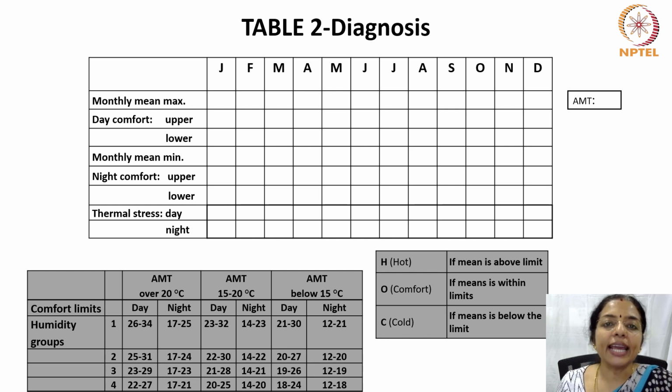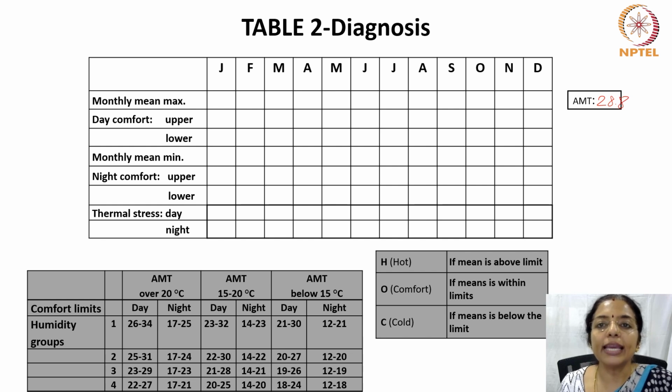The next step is, by considering the value of AMT, you decide which comfort limit table is applicable. In the case of Chennai, we saw AMT is 28.8. We had calculated the AMT to be 28.8.